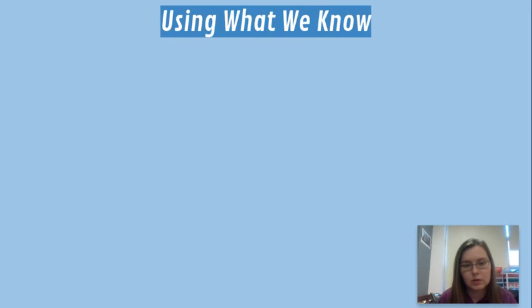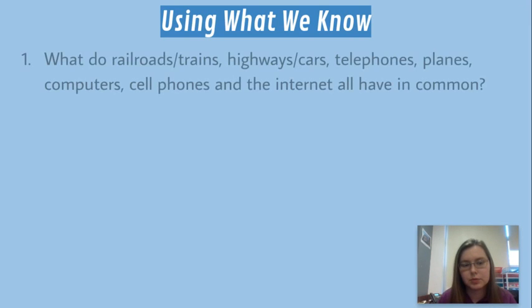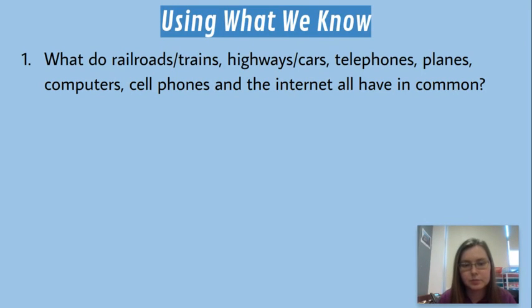Okay, so using the kinds of things that we've already learned about previously, and things that we already know just from life, think about railroads and trains and highways and cars and telephones and planes and computers and cell phones, the internet.